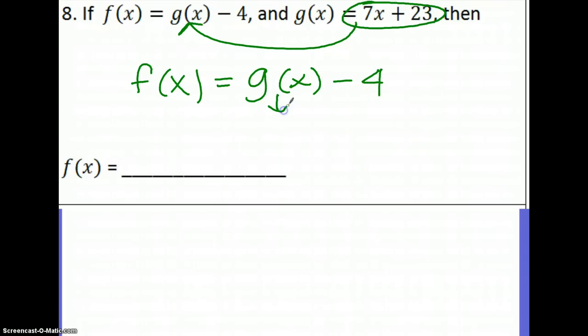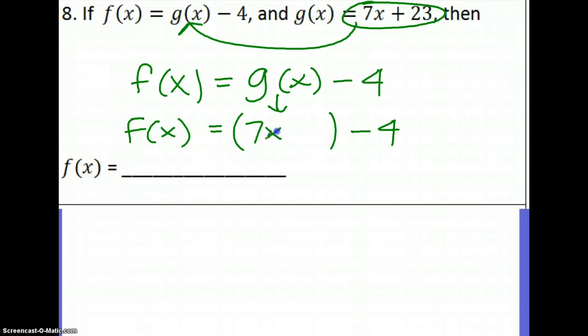So in for g, we're going to plug it in, bring everything else down. g(x) is 7x plus 23. Therefore, they're on the same side of the street, 23 and negative 4. Therefore, we're going to just combine like terms. That's going to give us 7x. 23 take away 4 is 19, so plus 19.